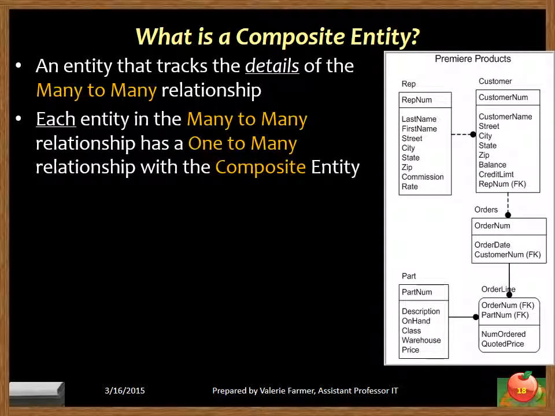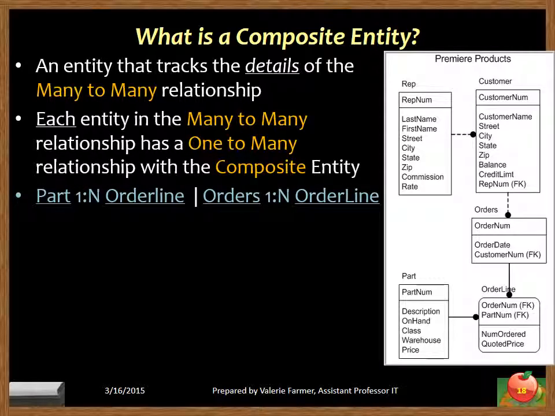Each entity in the many-to-many relationship has a one-to-many relationship with the composite entity. Part has a one-to-many relationship with order line. Orders has a one-to-many relationship with order line.